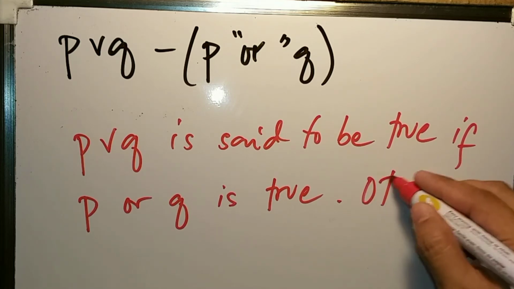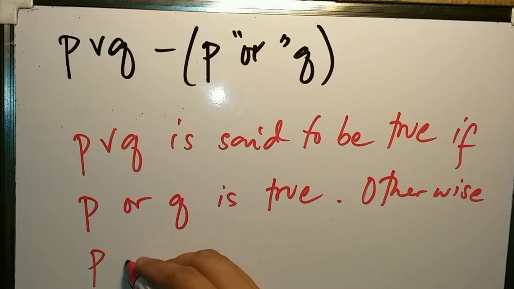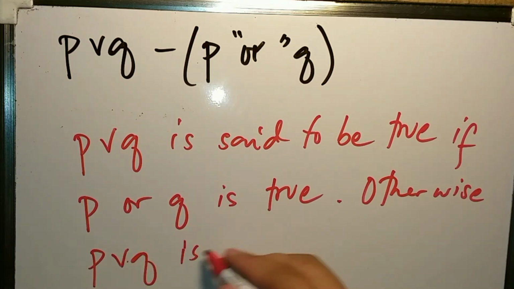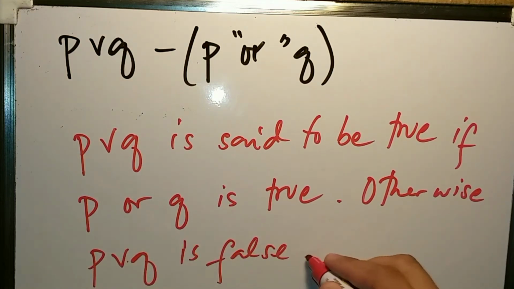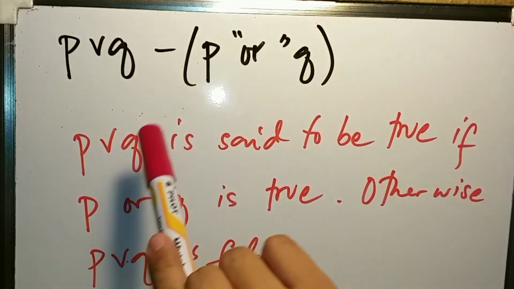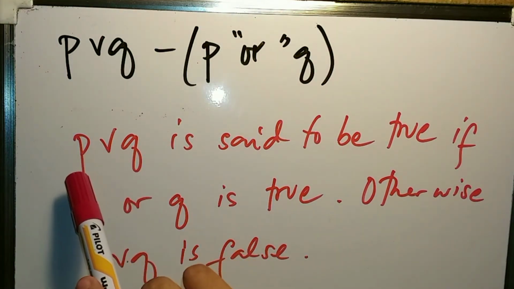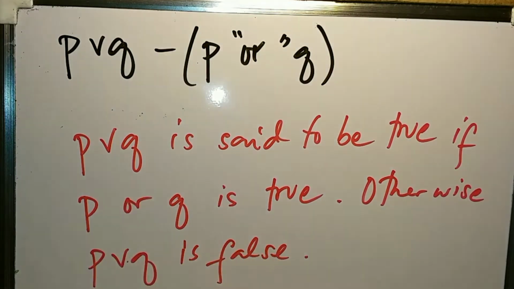Otherwise, P or Q is false. So P or Q is true if one of the propositions is true.